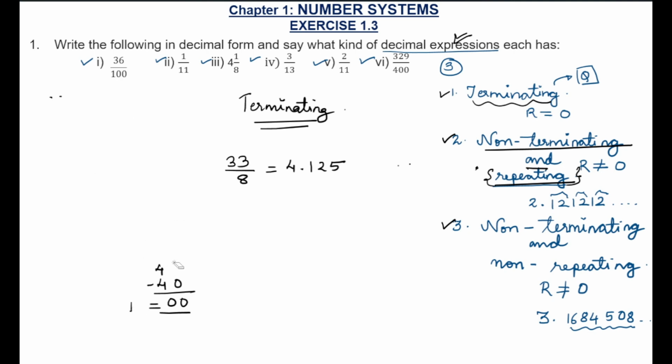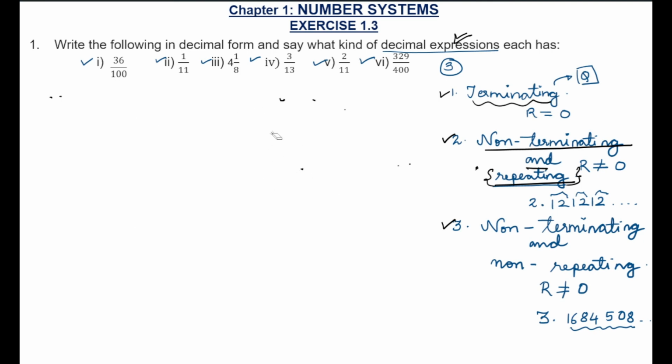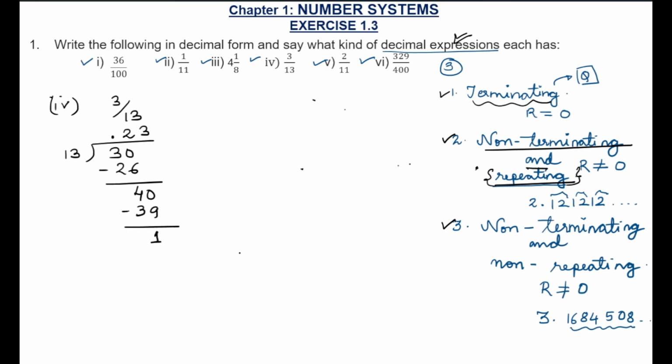Okay. Now let us solve questions number 4 and 5 in the same manner. On solving question number 4, divide 3 by 13. So here is number 3, here we have 13. Put a point, add a 0. So it is 2 times 26, minus, here it comes 4, add a 0, 3 times 39, minus, 1.